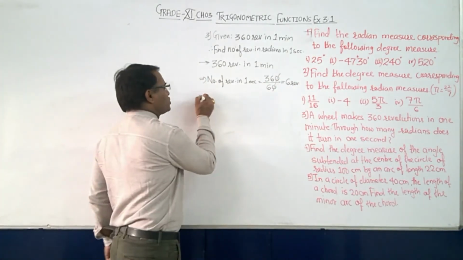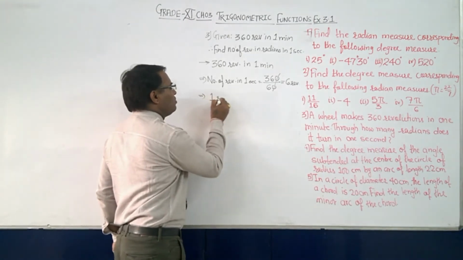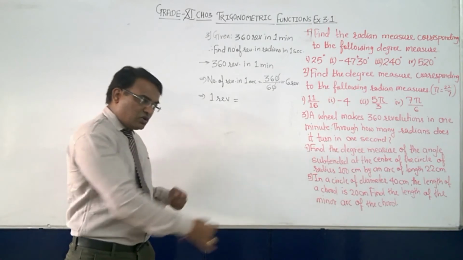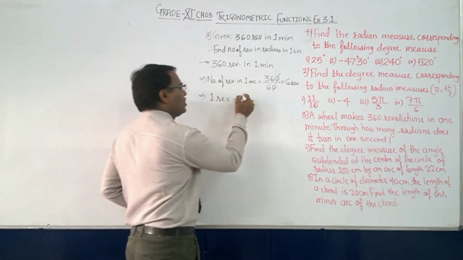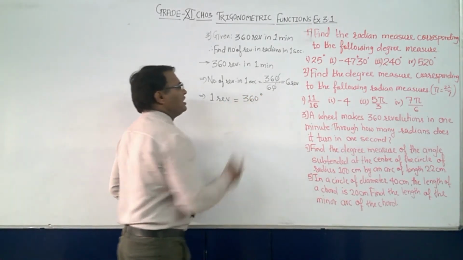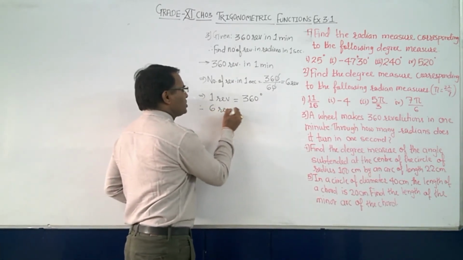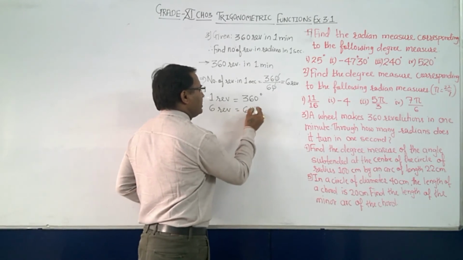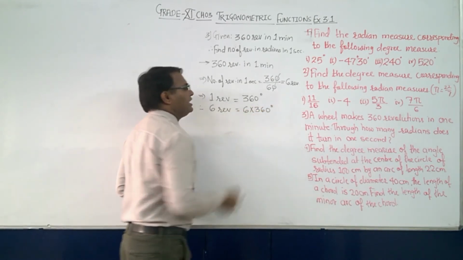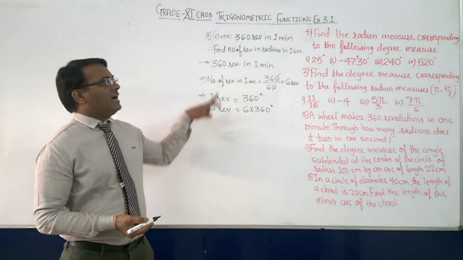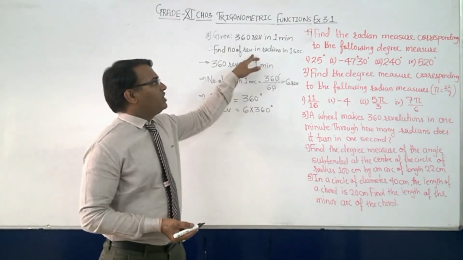Now 6 revolutions. Now 1 revolution is equal to how many degrees? 1 revolution around the circle is 360 degrees. It means therefore 6 revolutions is equal to 6 into 360 degrees. Right? Now they don't want it in degrees, they want it in radians.